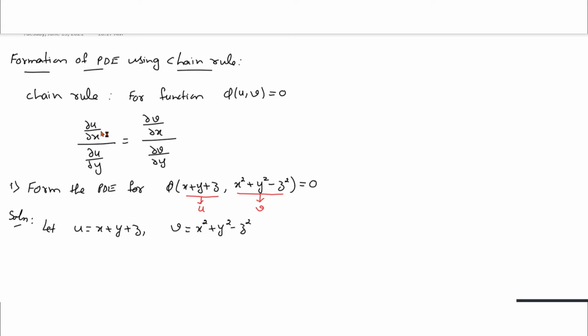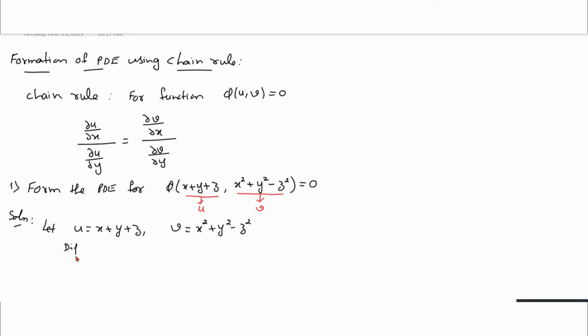So to check the chain rule, you have to find the partial derivative of u with respect to x and y, and the partial derivative of v with respect to x and y. So let us differentiate u and v partially with respect to x and y.